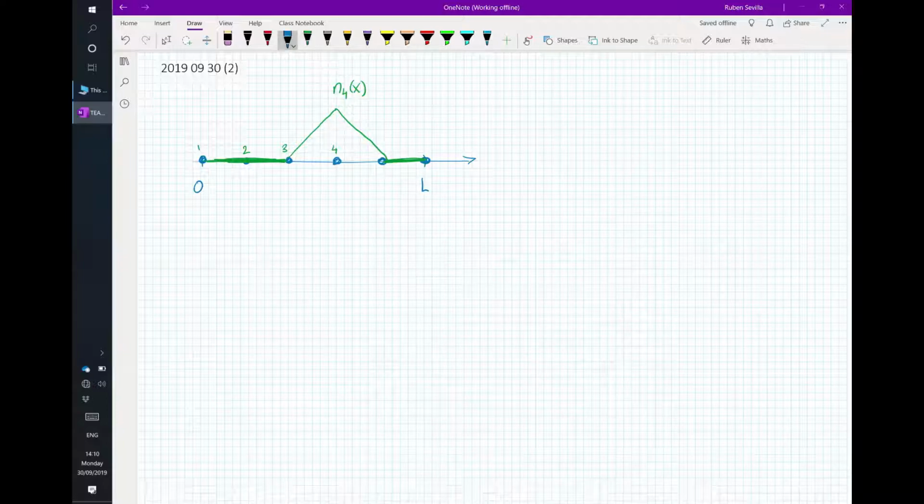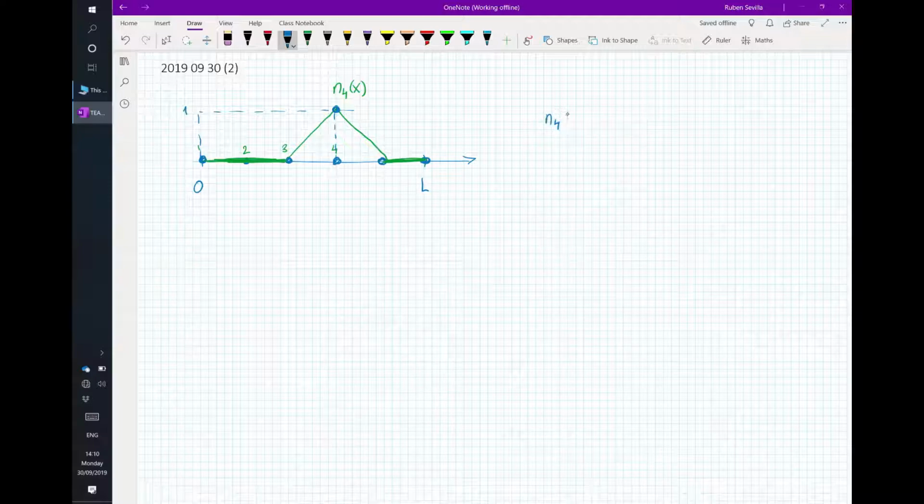And the key, and this property, I'm going to be talking about this property from today, first lecture, to the last. The key is that the shape function N4 takes value 1 at the associated node, 0 at the rest of the nodes. That's the only property you need. Okay?